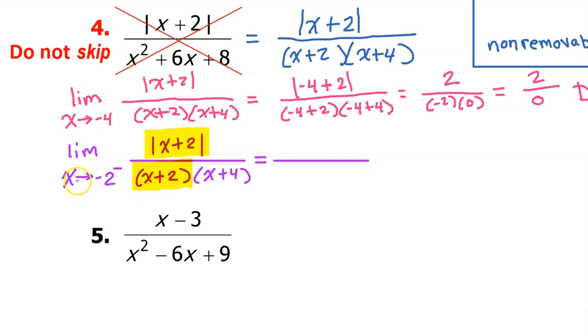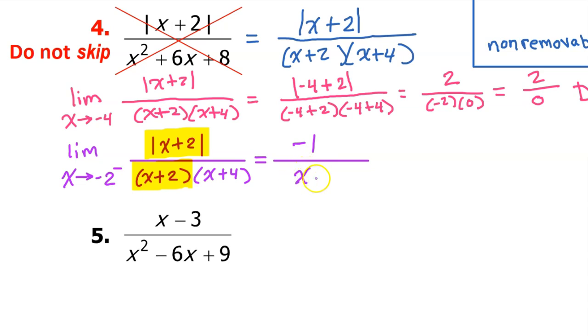We are finding the limit as x approaches negative 2 from the left, so let's imagine a test value to the left of negative 2. That would be negative 3. Putting a negative 3 right here makes negative 3 plus 2. That's a negative number, therefore we get a negative 1 when these cancel out.